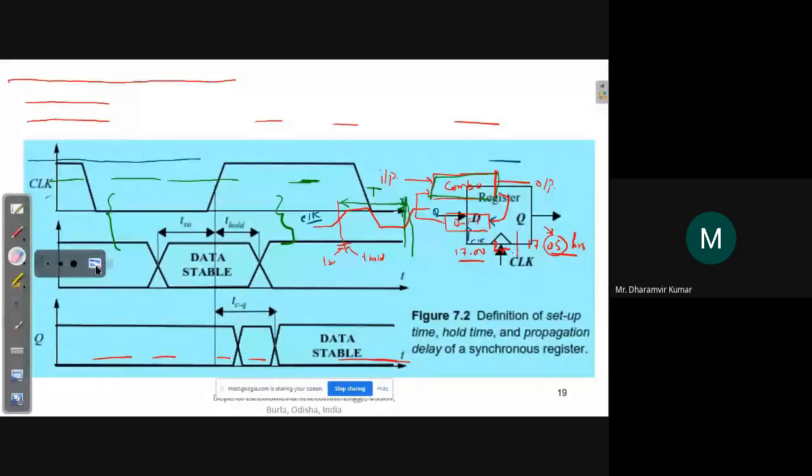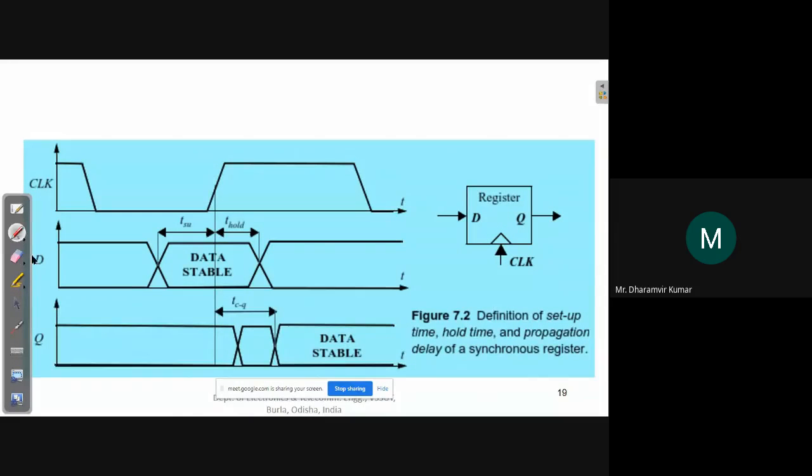And look at this diagram, this timing diagram, this waveform. This x-axis is the time axis, and we have here the clock signal. The D means the input to that memory part, and Q is the output of the memory part. So if this is a memory D flip flop, remember that there was a combinational block, and there was a D flip flop block.